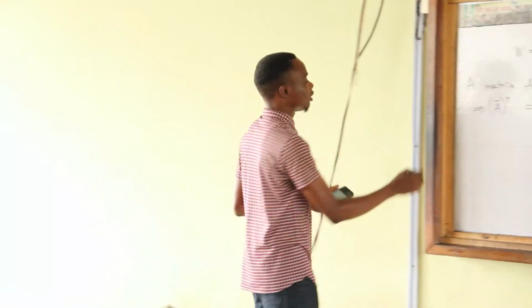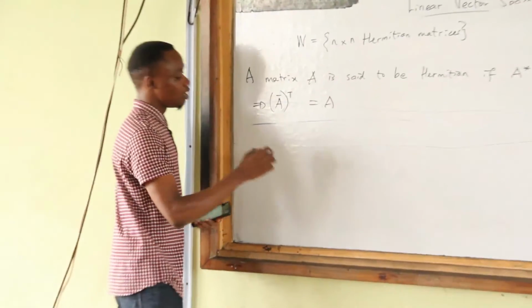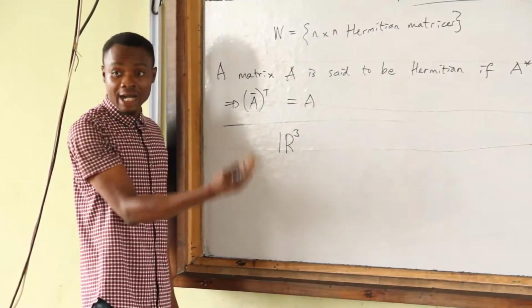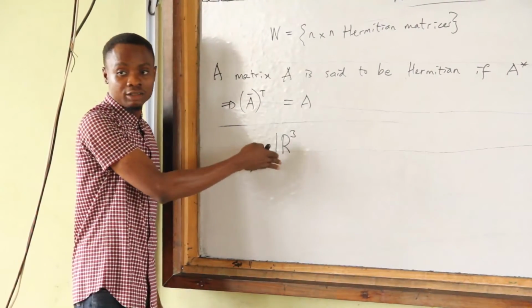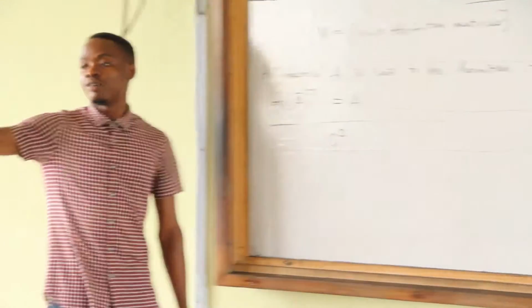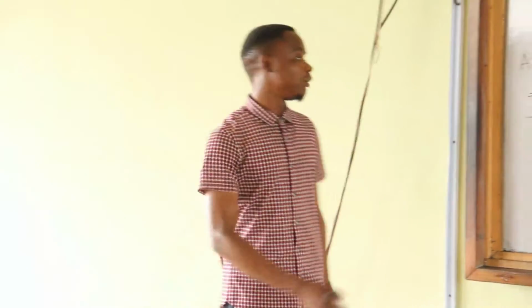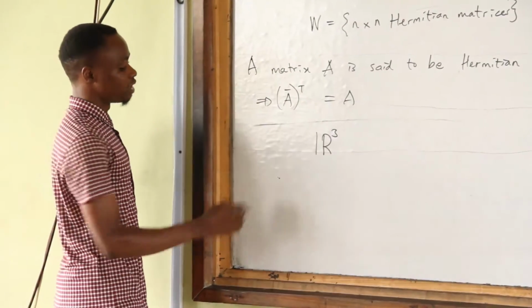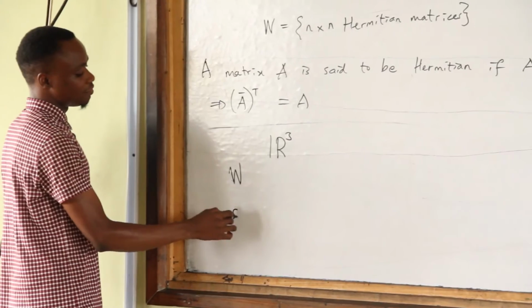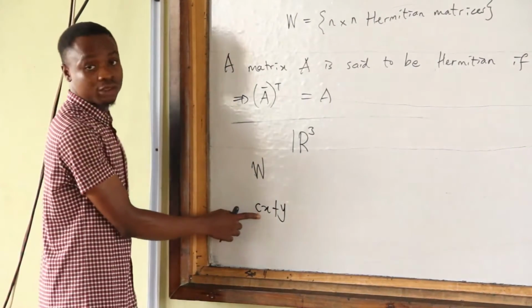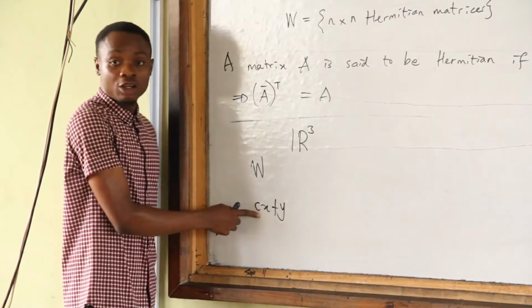Unlike previous ones we have done, when they told you that the space was R3, there's no need to tell you over R. You already know it is over real numbers. But in this case, they have told us it is over C, which means that when I want to pick my scalars, for instance, if I want to establish that W is a vector space, and for the second condition I use cx plus y, I can take this c to be a complex number.